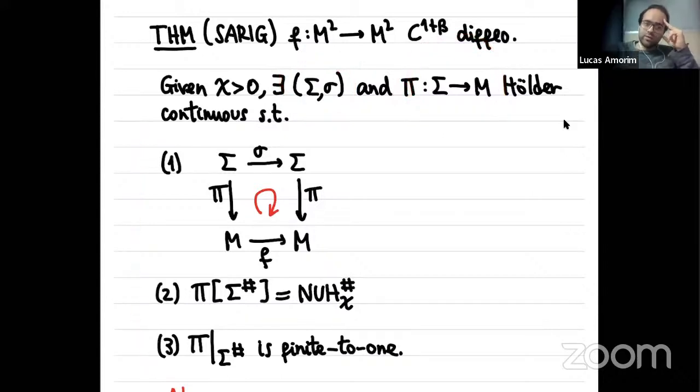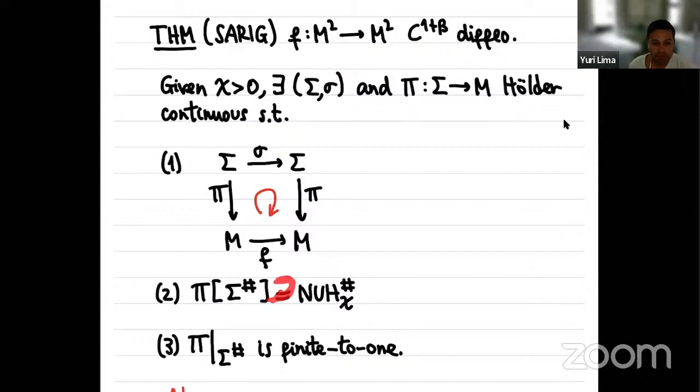So the original result of Sarig only got this inclusion here. Or actually not. Let me see if it's this one. Let me think. No, it's this one. Getting the other direction is actually hard because, as you are going to see, we don't know how to directly control the parameters of the coded points.